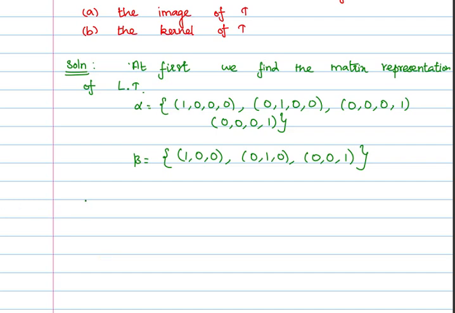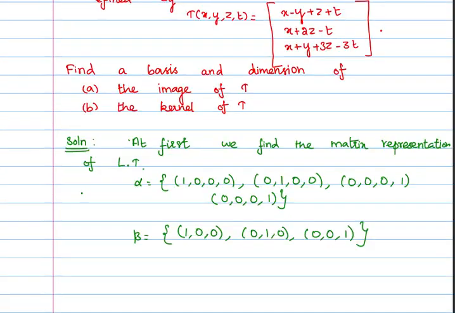Then my first aim is to find the linear transformation, they already gave T of (x, y, z, t). Now I will find T of (1, 0, 0, 0), which is nothing but (1, 1, 1).